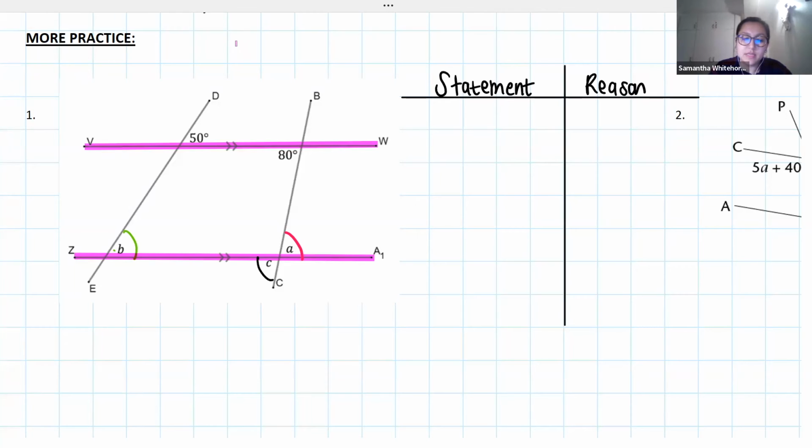And guys, remember, you've taken a screenshot of all of your reasons on that reasons list. If you're not 100% sure, refer back to that. All of your reasons are there, and hopefully you can use it to answer the question. That's the whole purpose of having an information sheet for yourself.